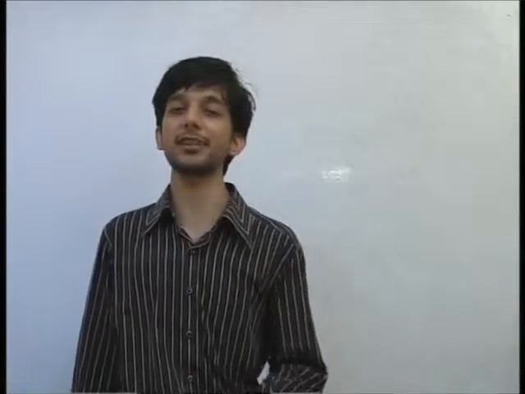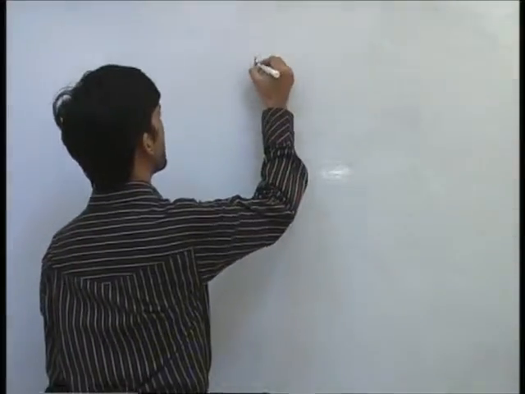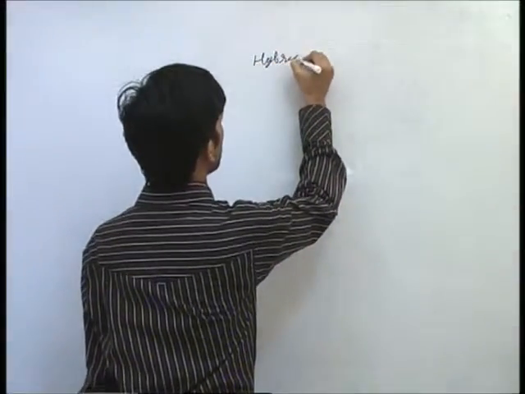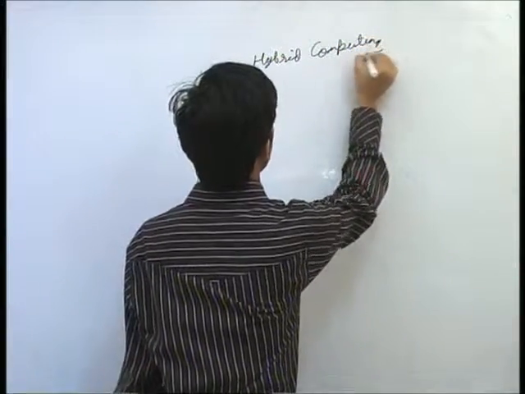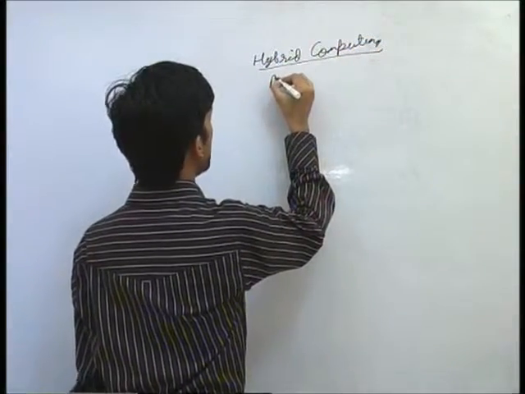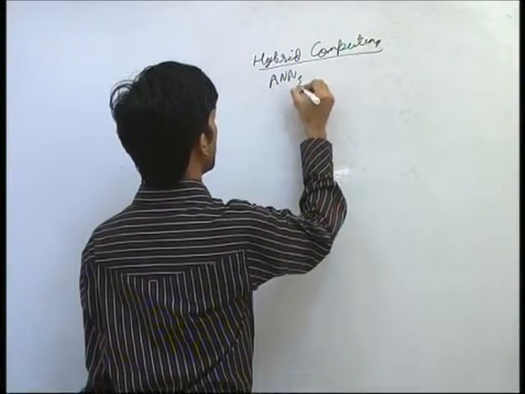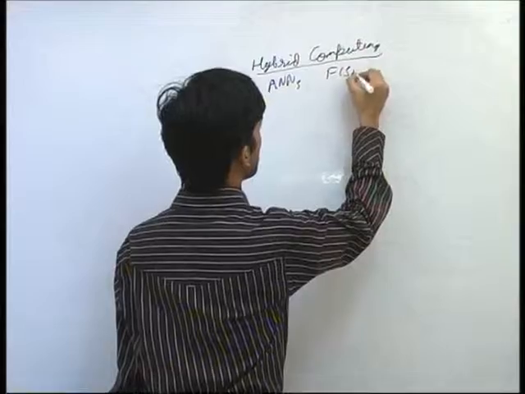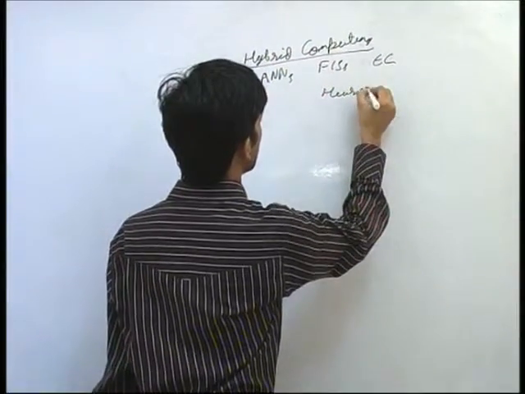We'll continue the lecture series with what is known as hybrid soft computing, or sometimes just referred to as hybrid computing, wherein we mix ANNs, fuzzy inference systems, and evolutionary computing along with heuristics.